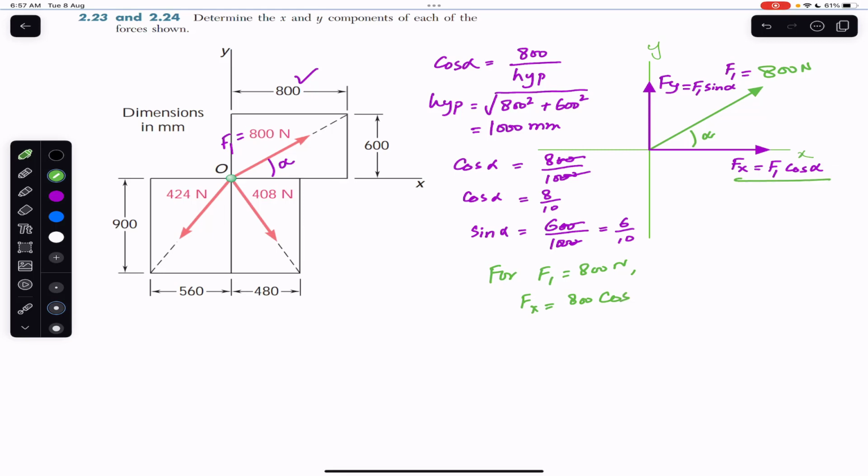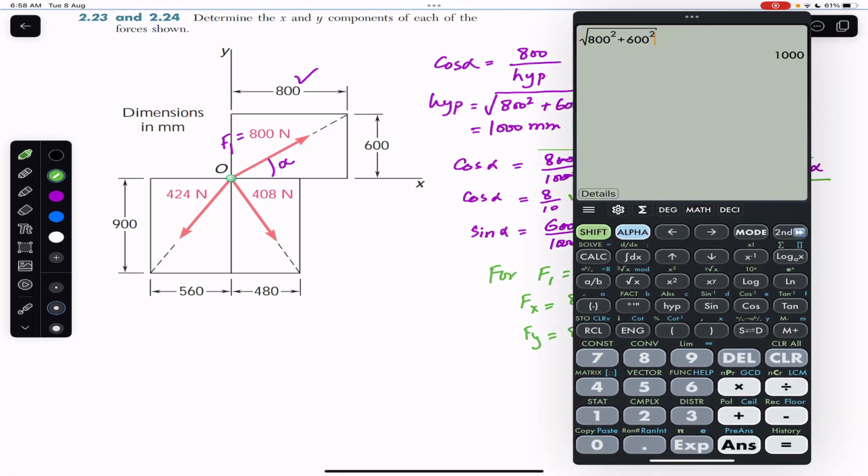So 800 cos of alpha, this is our cos of alpha. So this will be 800 and cos of alpha is 8 divided by 10. Similarly, f of y will be this f1 sine of alpha. So 800 sine of alpha, 800, and now the sine of alpha is 6 divided by 10.